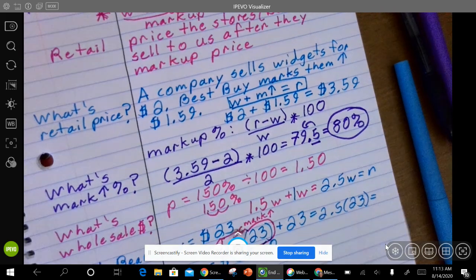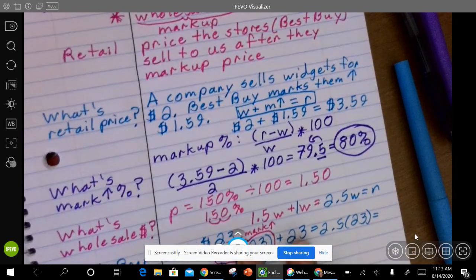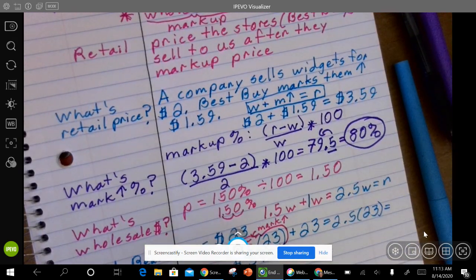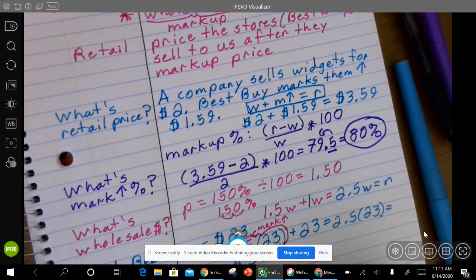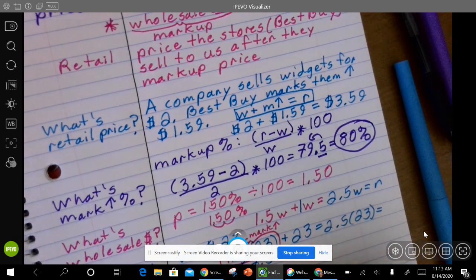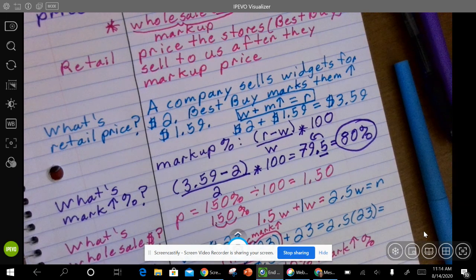Okay, so what if, everybody, we had a TV, and the wholesale price was $1.50, and the markup percentage was 110%. So that's the markup percentage, and we want to know what is the retail price.